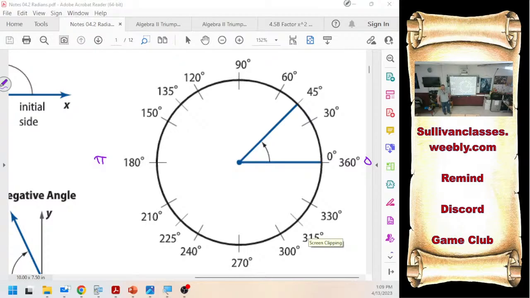You get a single pi radian. Pi over 2. So count by that. 0 pi over 2, 1 pi over 2, 2 pi over 2. This is 3 pi over 2, 2 pi over 2, or 4 pi over 2, or 2 pi.